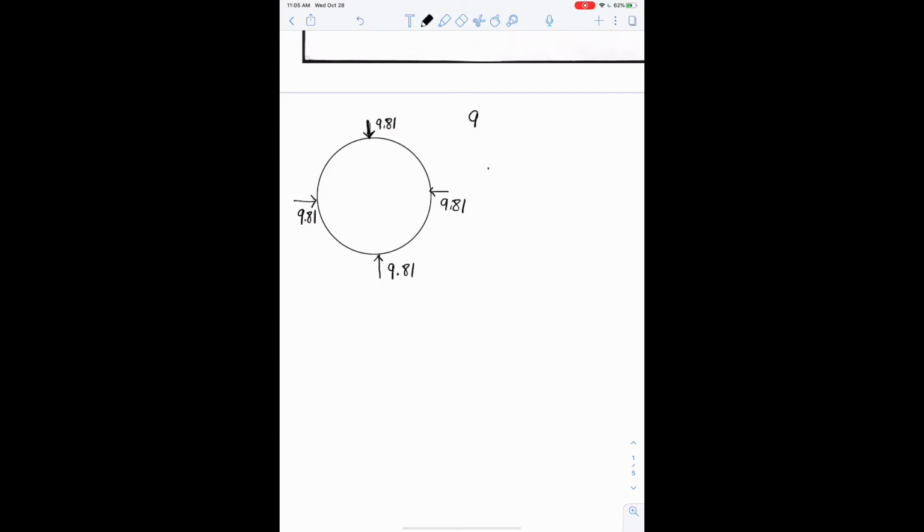So I'm saying that this magnitude, this amount of acceleration, is 9.81 meters per second every 1 second, which is equal to 9.81 meters per second squared.